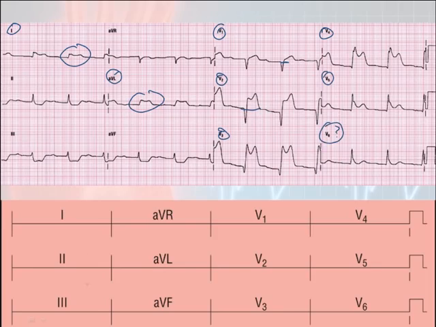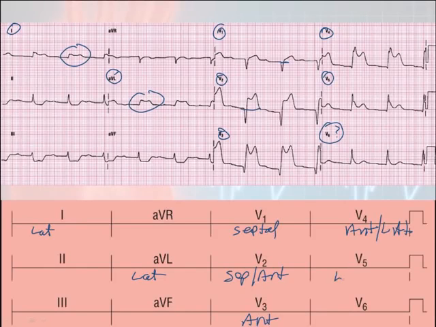So if you remember this little picture right here, in 1 we have our lateral. AVL is lateral. V1 is septal. V2 is septal and anterior. V3 is anterior. V4 is anterior, and it could look a little bit lateral.